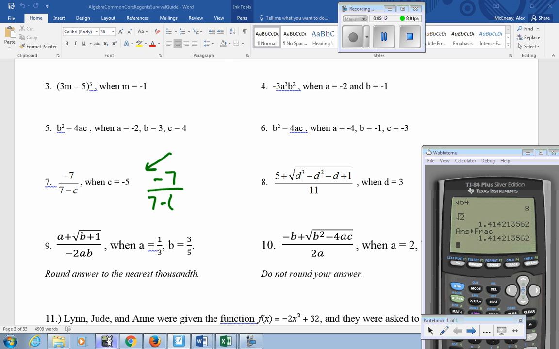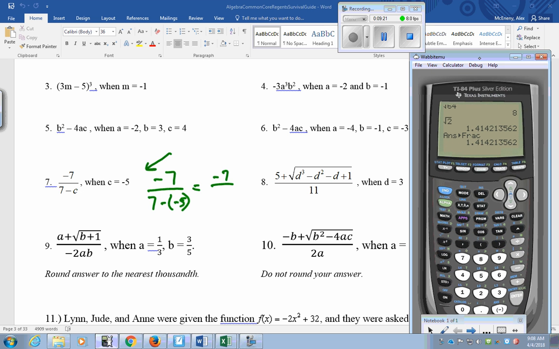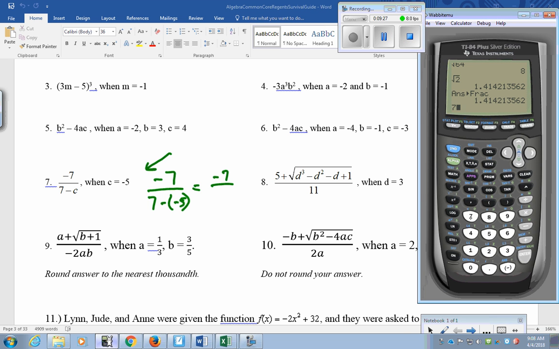So all I'd put in the calculator right now would be just that bottom value, 7 minus the negative 5. You want to get a separate answer for each side and then try to divide it and see if it can reduce. So I would just take 7 minus parentheses negative 5.